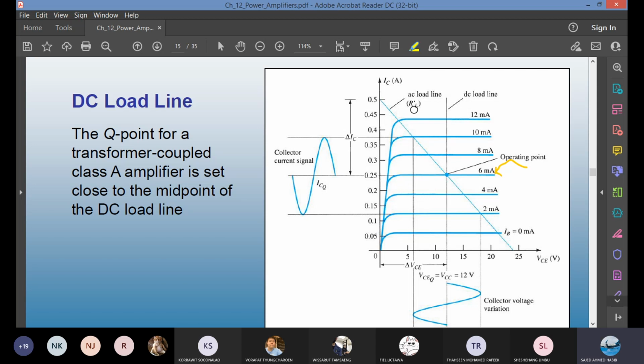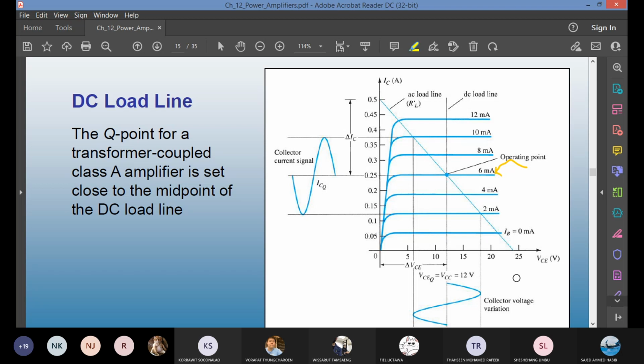RL prime was found using the transformer winding ratio N1 over N2 squared multiplied by the load resistor. So from the Q point, the person solving the problem used a slope of -1 over RL prime and drew the load line.